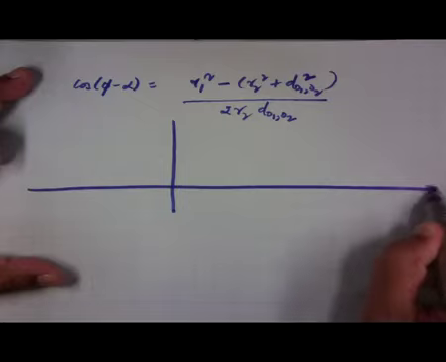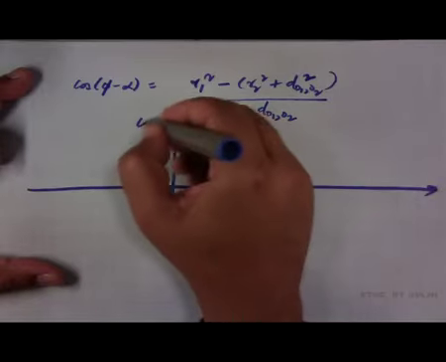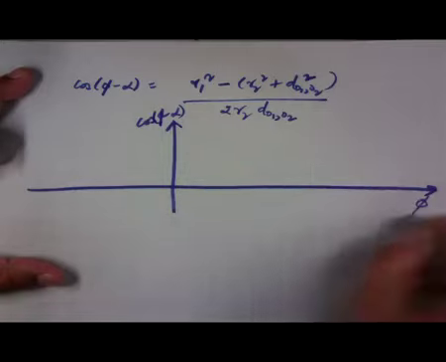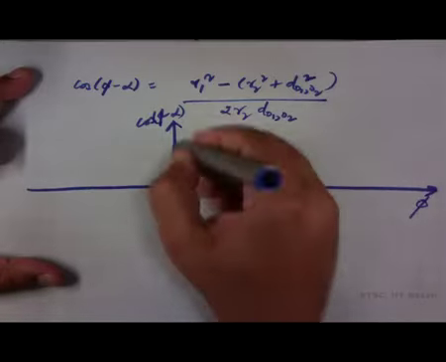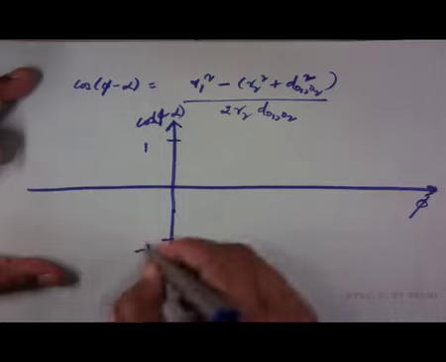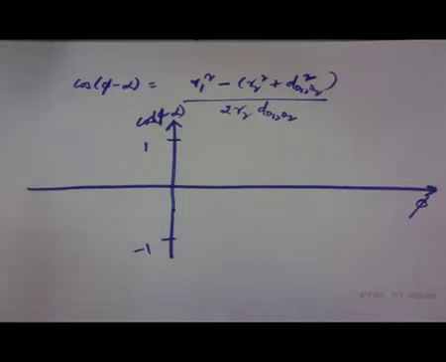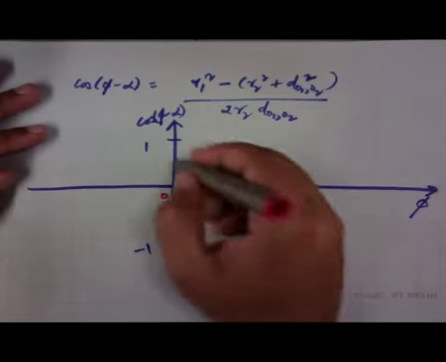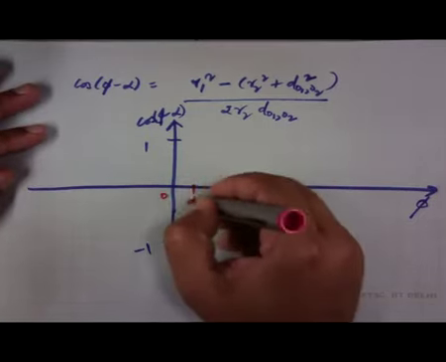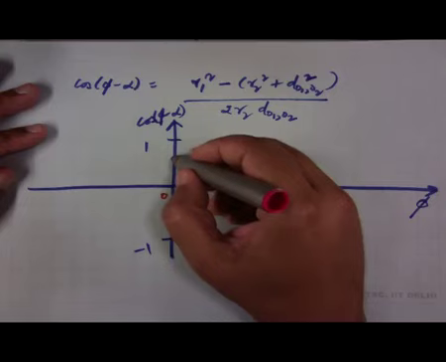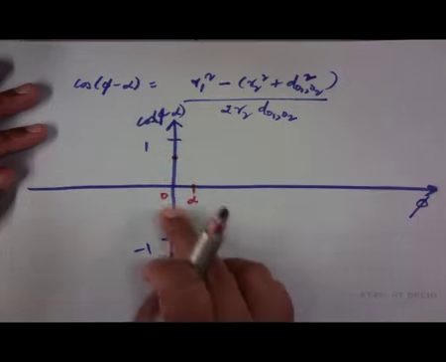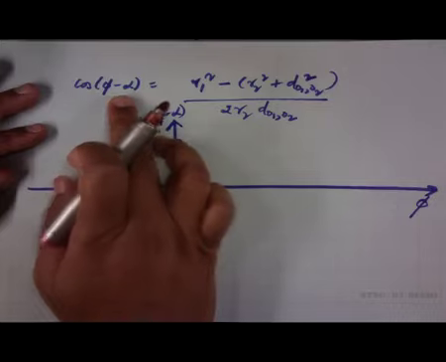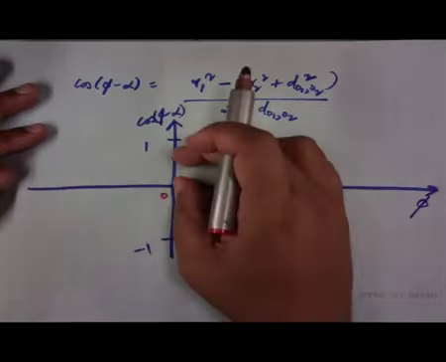So, we will plot cos of phi minus alpha on the vertical axis versus phi on the horizontal axis, and the graph of cos of phi minus alpha might look something like this. So, let us say this is alpha. When phi is 0, cos of phi minus alpha is cos of alpha, which is let us say this value.